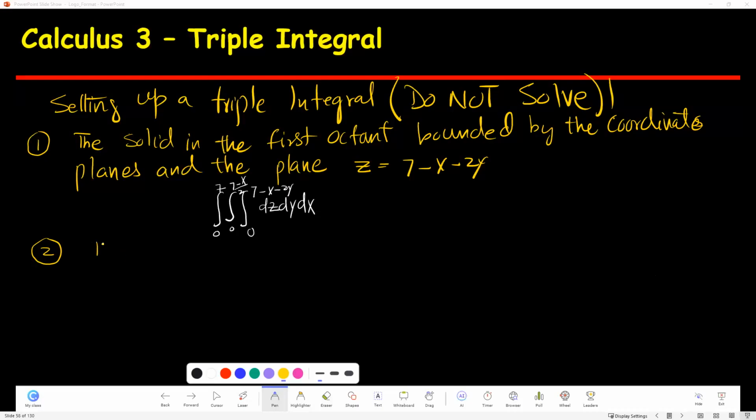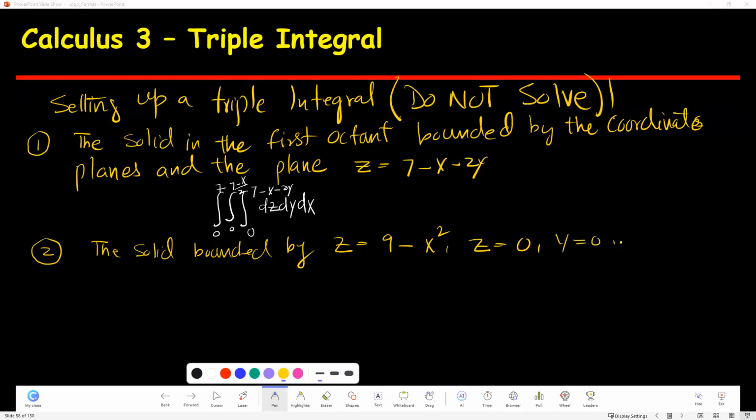The solid bounded by z equals 9 minus x squared, z equals 0, y equals 0, and y equals 2x.